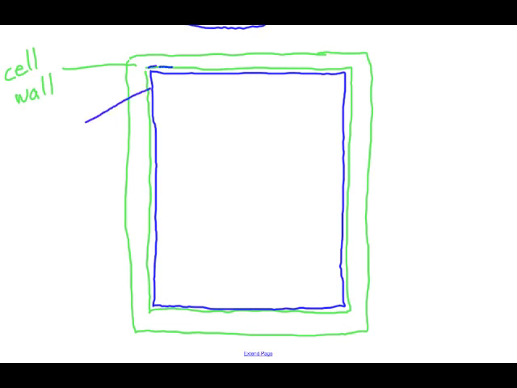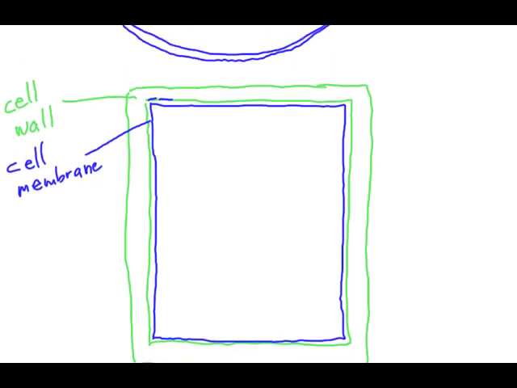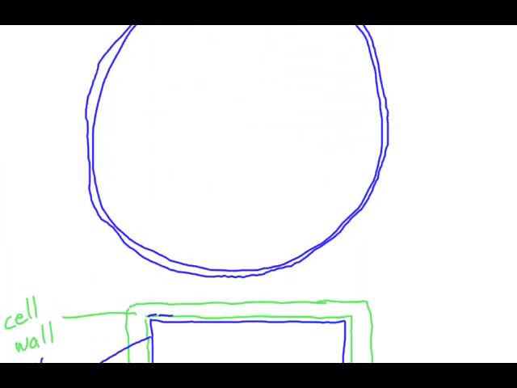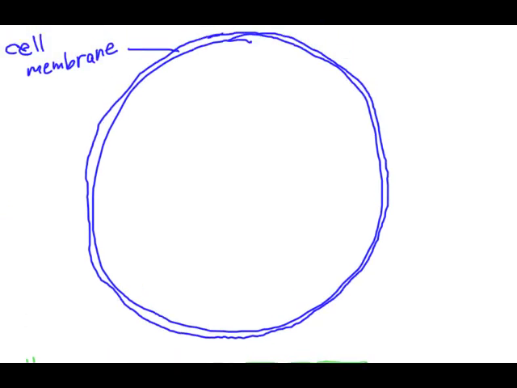This layer here will be considered the cell membrane of the plant cell. So notice here, plant cell, right, a little more square in shape, with edges, while the animal cell is considered very round.